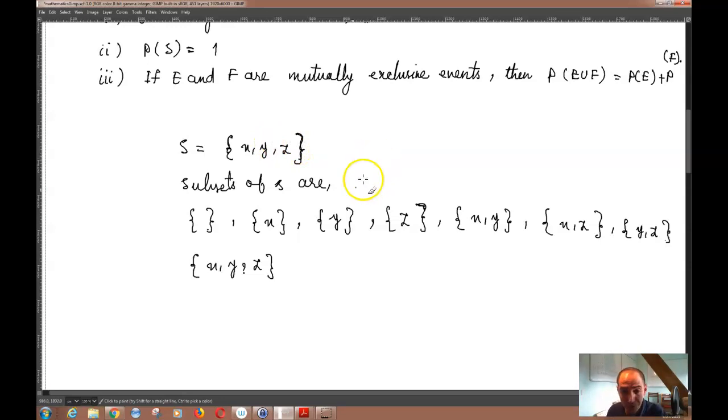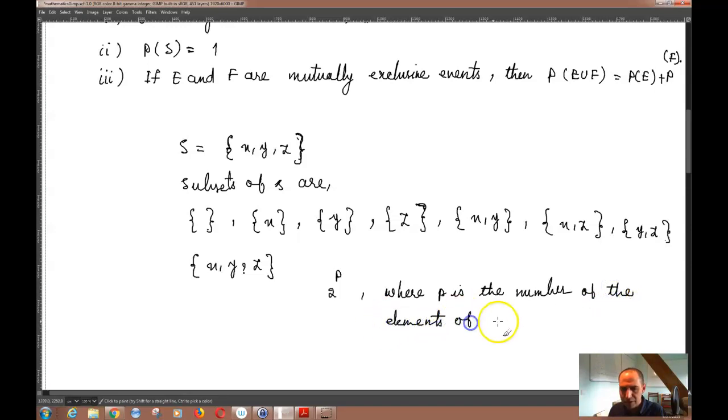But what I can remember is that you could calculate it as 2 raised to the power p, where p is the number of elements of the set.